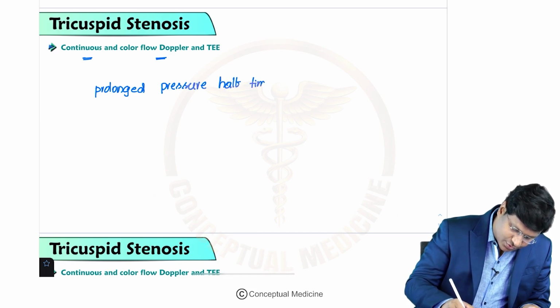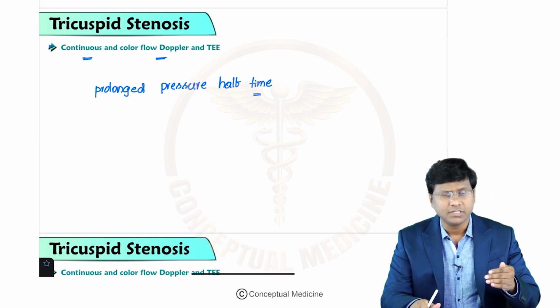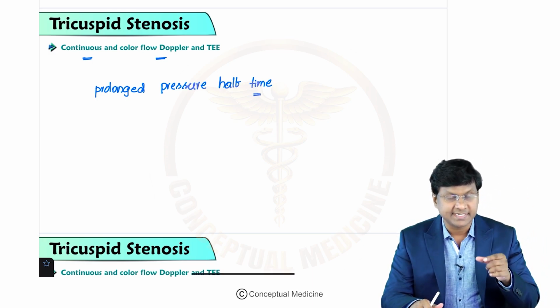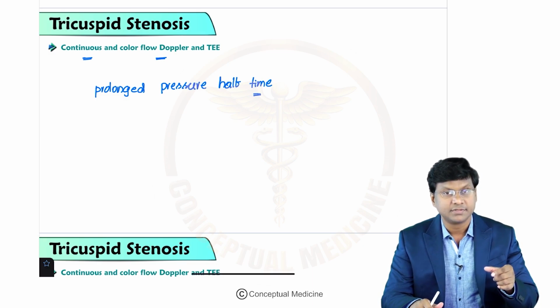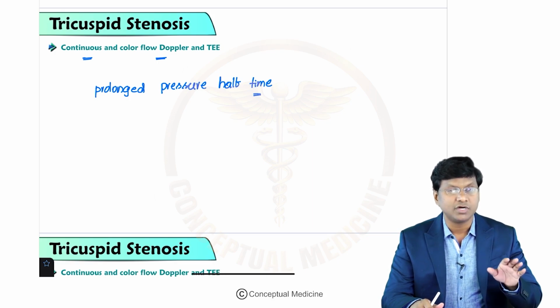Now what do you mean by prolonged pressure half time? Pressure half time is the time required for the pressure in the right atrium to fall to half.